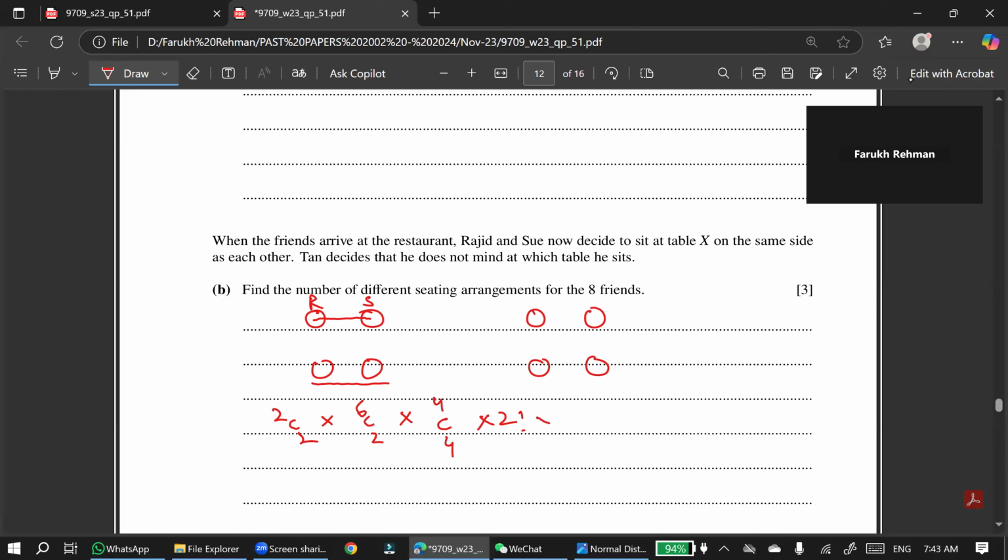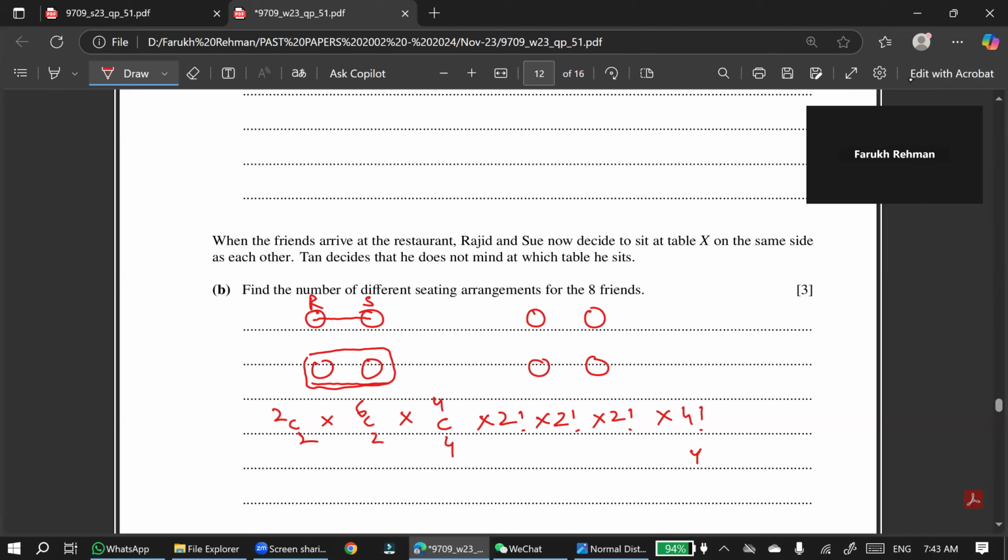There are 2 possibilities that they can sit on each side of the table, into 2 factorial. Okay. Now the other 2 persons can also change their places, can also be arranged in 2 factorial, into 4 factorial for table Y.